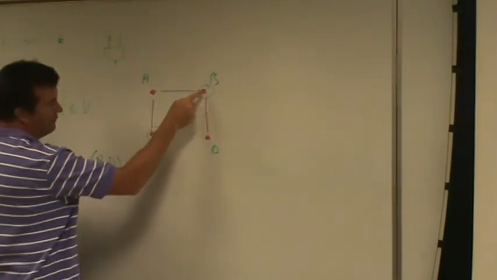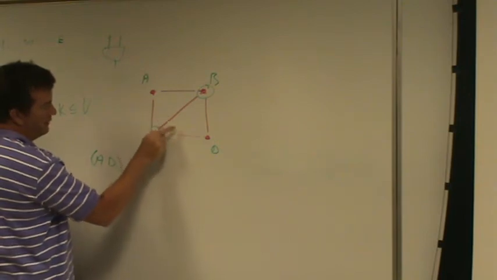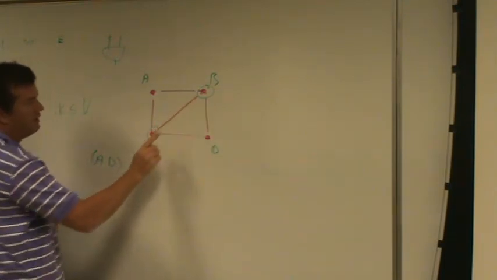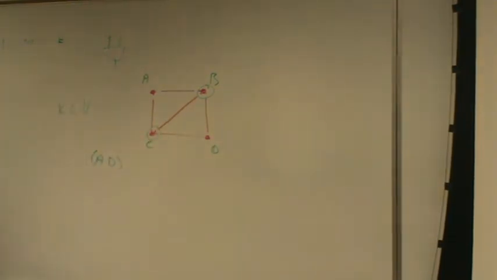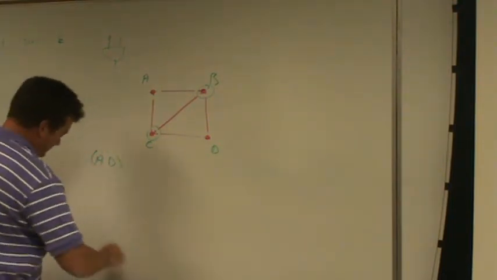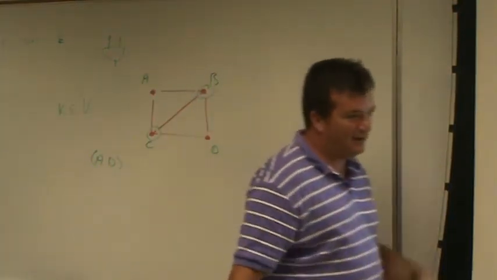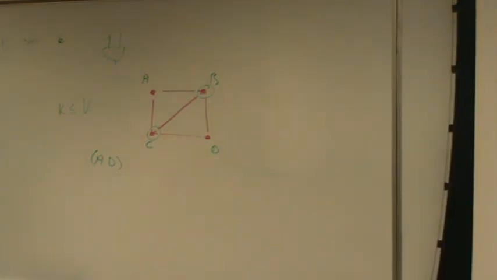These 3 edges are covered by this point. These 3 edges are covered by this point. This middle edge was covered twice, but that's okay. We just want to have a subset of the points so that every edge is touched by at least one point in that subset. And then we have to do it in under k points.